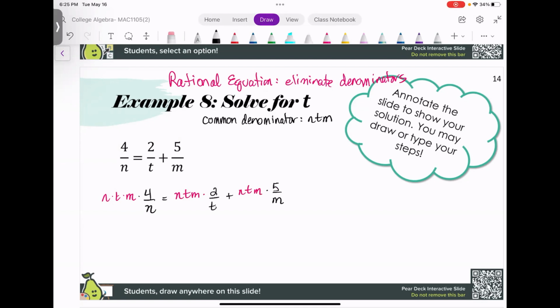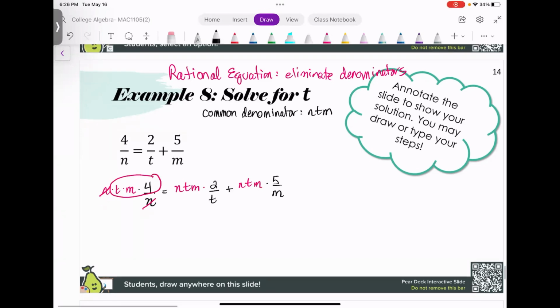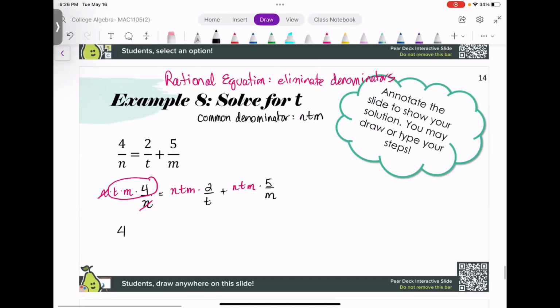In each term, the denominator cancels with its matched pair, and I'm left with a product of everything else. So on the left side, I get 4 times t times m. It does not matter what order you write those in.